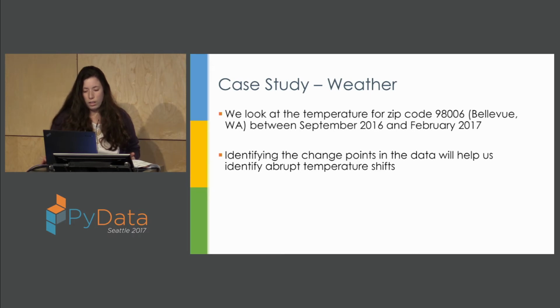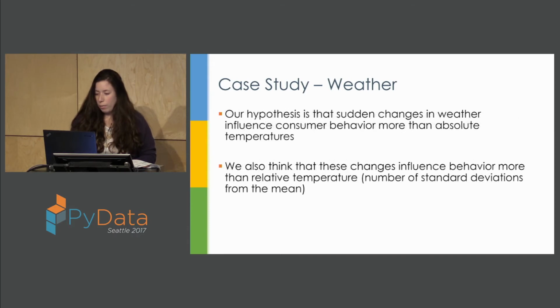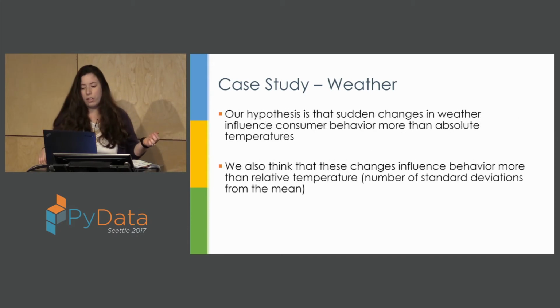Identifying the change points in this data will help us identify abrupt temperature shifts. As I said, our hypothesis is that sudden changes in weather influence consumer behavior more than absolute temperatures. And we also think that these changes influence behavior more than relative temperature.